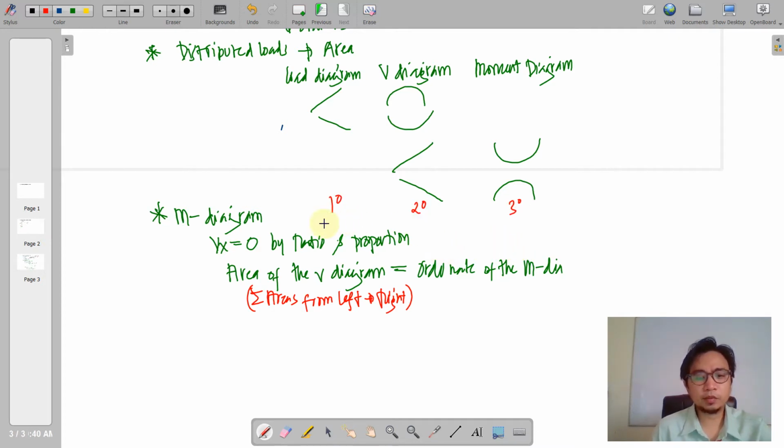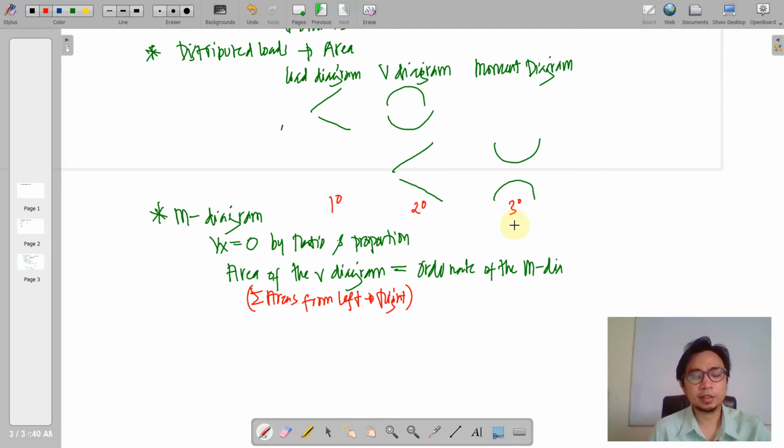So whenever we start with a 1st degree curve on the load diagram, it will become 2nd degree on the shear diagram, and eventually 3rd degree on the moment diagram.